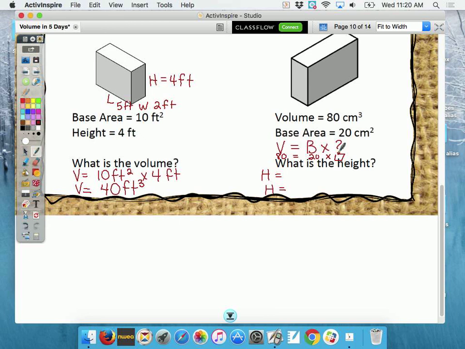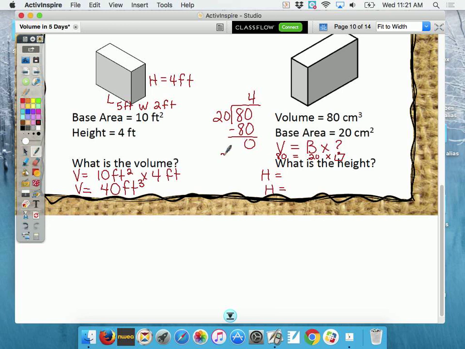Now, I know you can do that in your head, but I want you to go ahead and write it down so that when you get to your assignment, you'll remember what strategy you used, okay? Now, there are 2 ways to solve this problem. I could do long division, and I would know that 20 times what equals 80? 4. Or I could skip count until I get to 80.